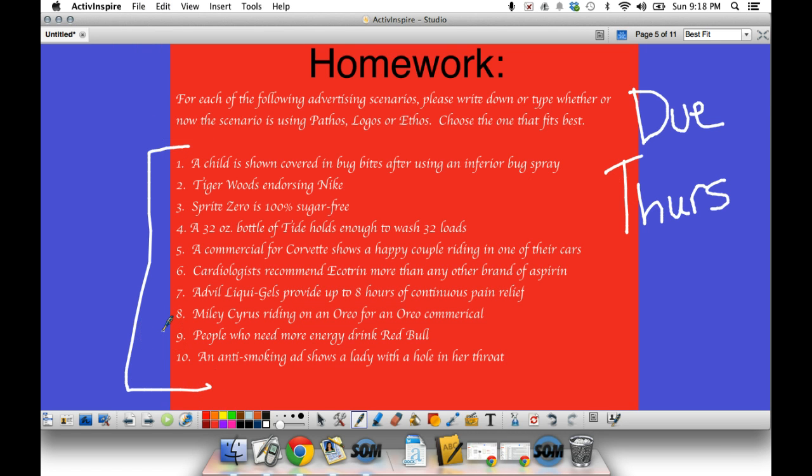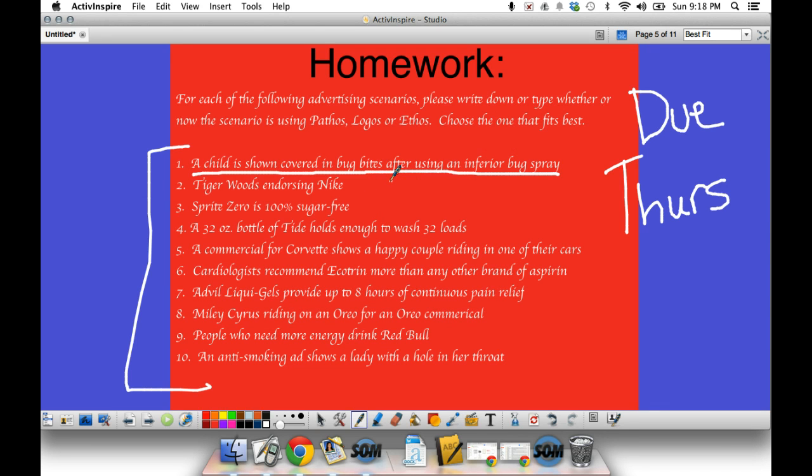You're going to write down, where you're taking notes right now, whether the scenario is pathos, emotion, logos, logic, or ethos, credibility. Choose the one that fits best, okay?